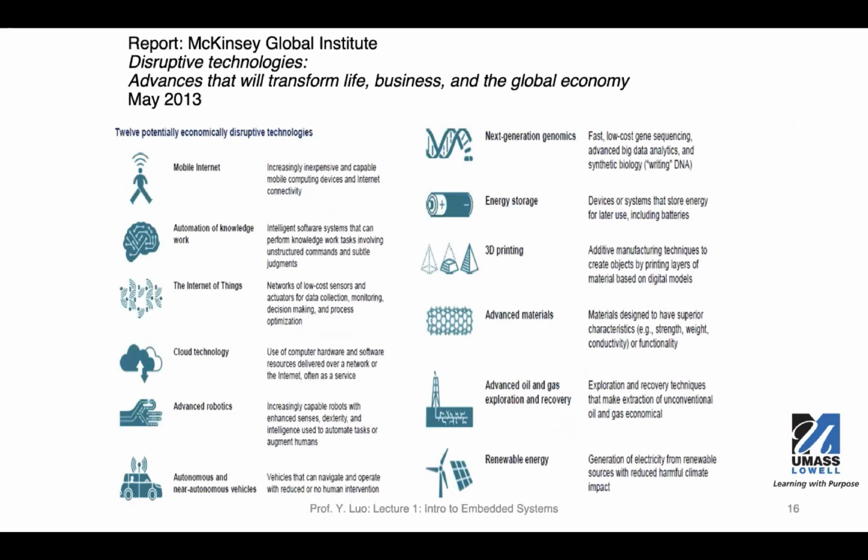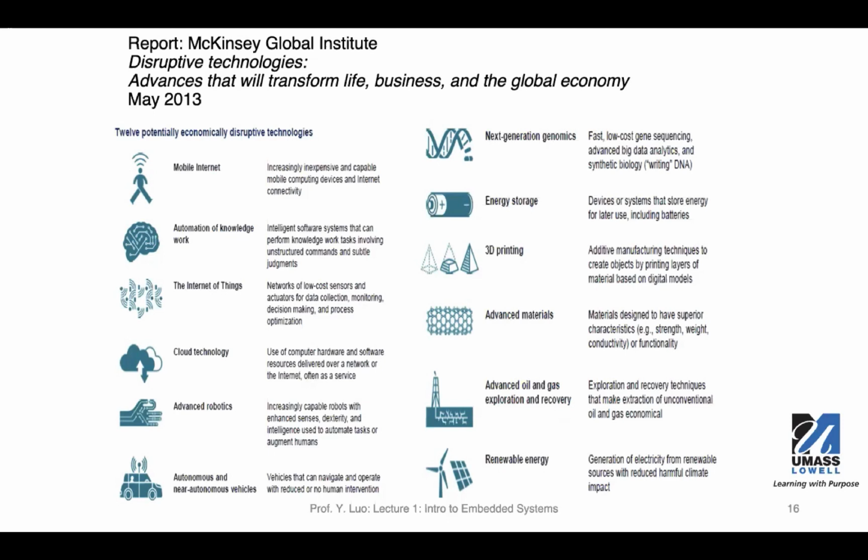All right, so this is a diagram that illustrates some of the disruptive technologies, as pointed out about 7 years ago by McKinsey Global Institute. They developed research to find out what are the far-reaching technologies that will provide profound benefits for society.